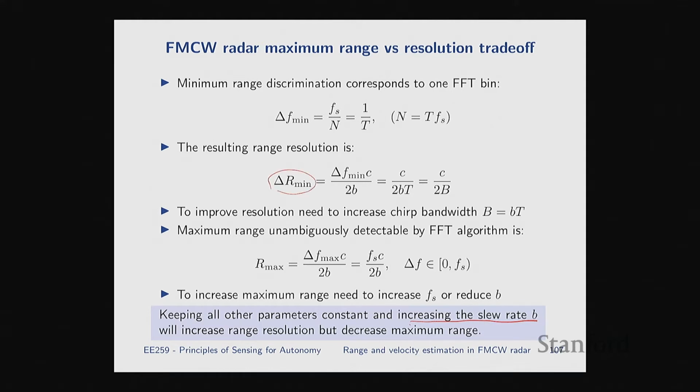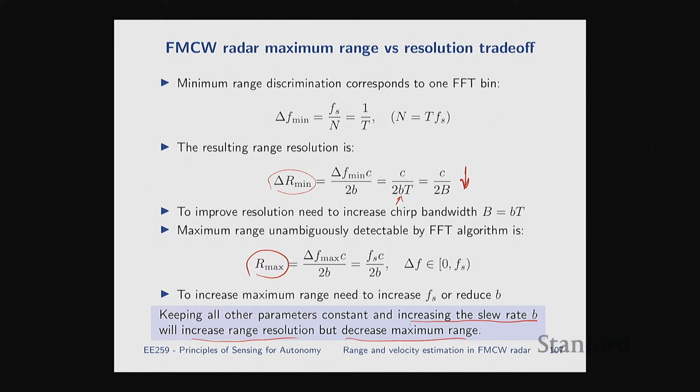Delta R becomes smaller, which means you get better range resolution. So it's good for delta R, which is desirable. But also, the maximum range goes down, which is undesirable. So it will increase your range resolution, but decrease the maximum range. Okay, so that's a very important trade-off.